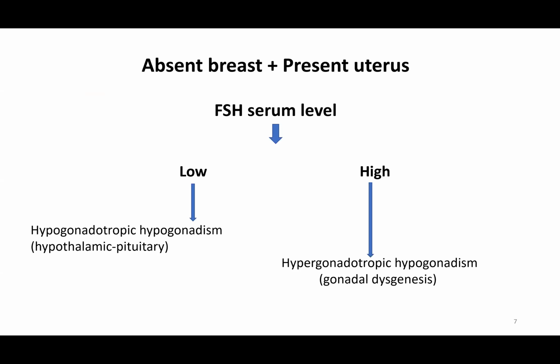We will send for an FSH level. If it is low, it means that there's a problem at the hypothalamic pituitary axis, where there's a hypogonadotrophic hypogonadism. However, if the FSH is high, it means that the gonads are not responding to a normal hypothalamic pituitary axis. The problem is, for example, gonadal dysgenesis.